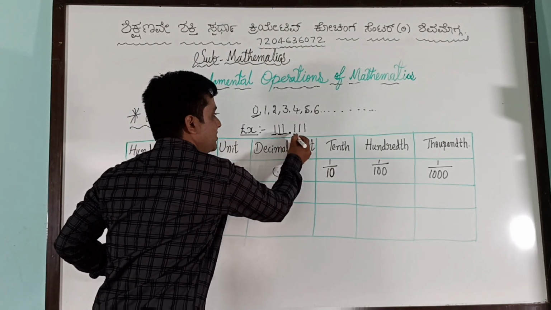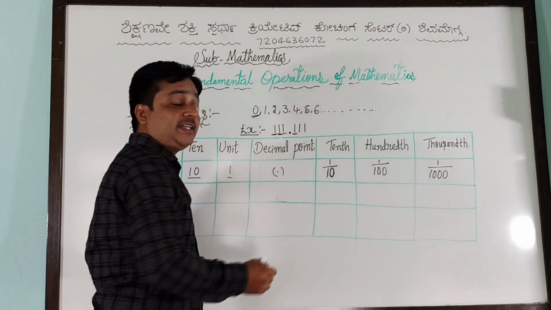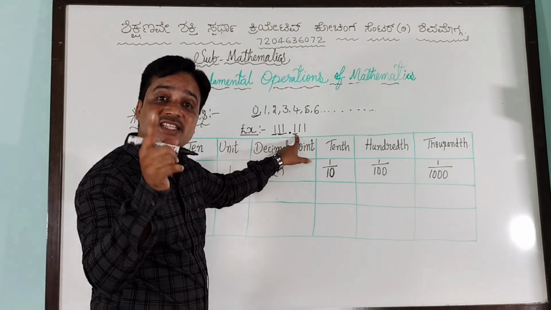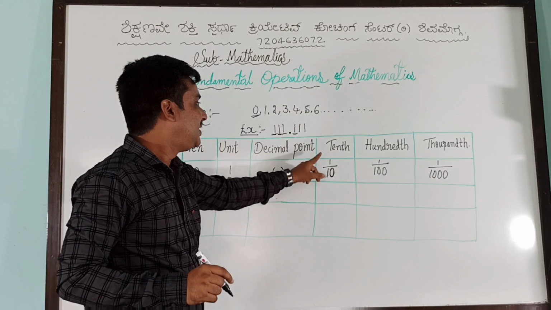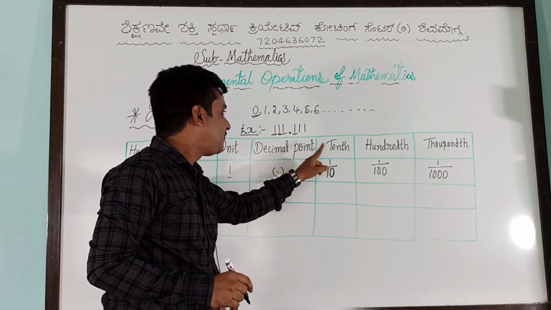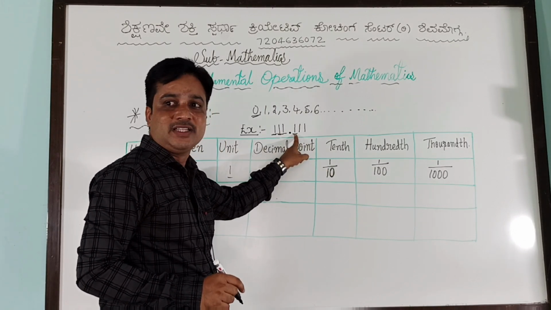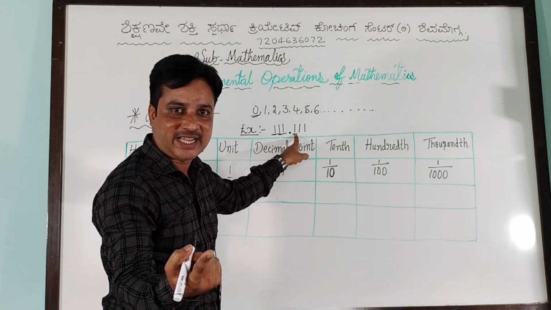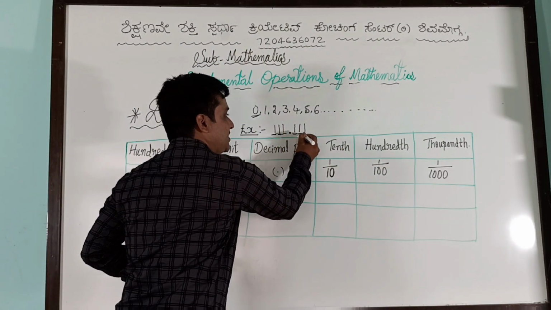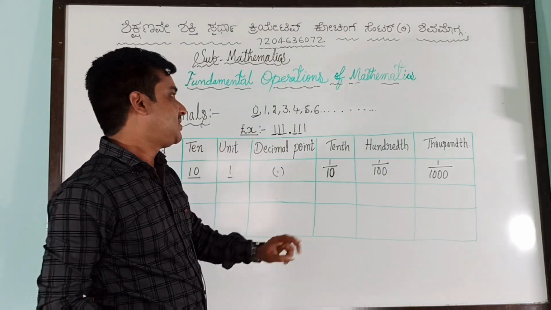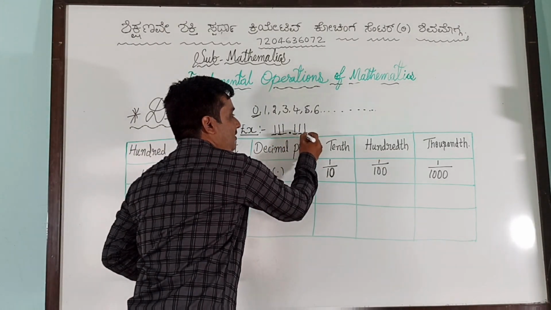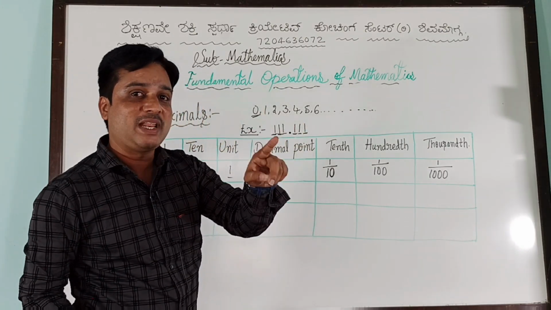The first one, in which place is this? This is in the 10th place. After the decimal point, the first number is in the 10th place, the second one is in the 100th place, and the third one is in the 1000th place.